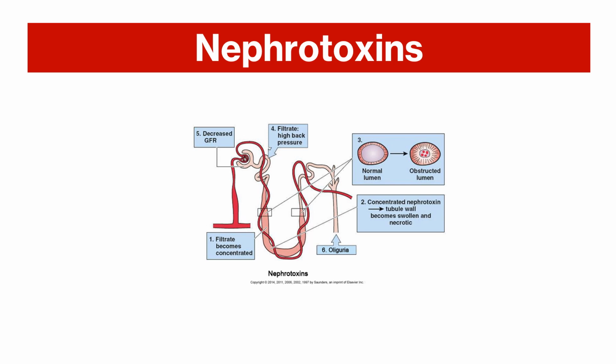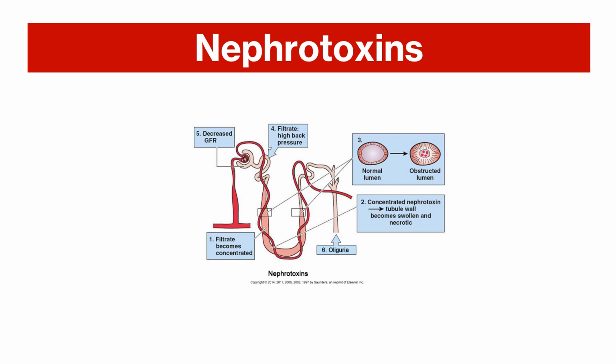So some of the problems that can cause renal failure are nephrotoxins. So nephro meaning kidney, and toxins meaning they're harmful. There are many drugs, many toxins that can actually cause damage to the kidneys. I'm not going to go through all of these, and I don't think you need to know all of these, but just know that there are certain toxins like medications.